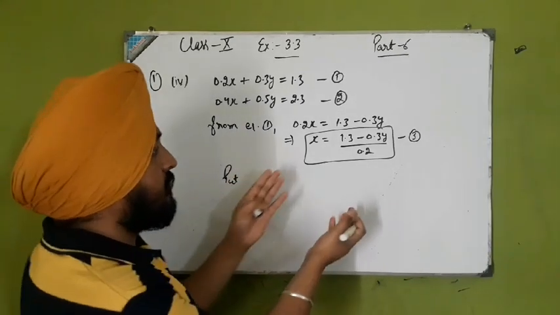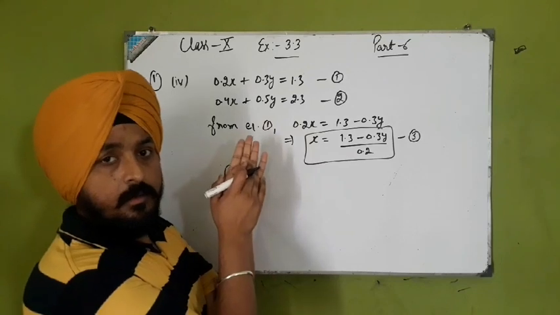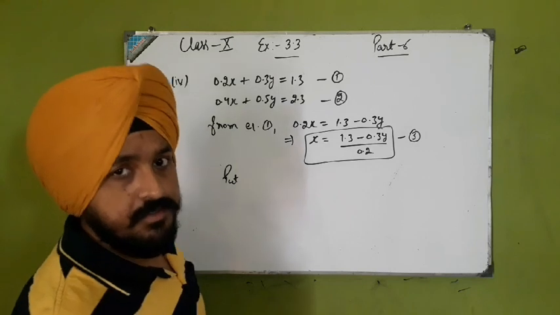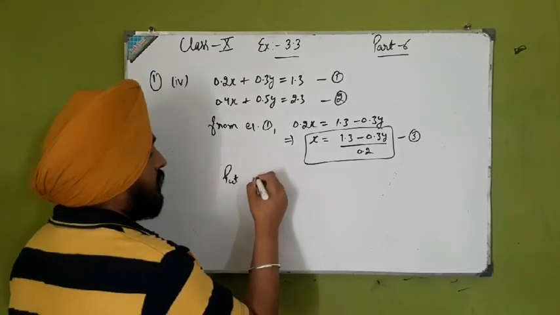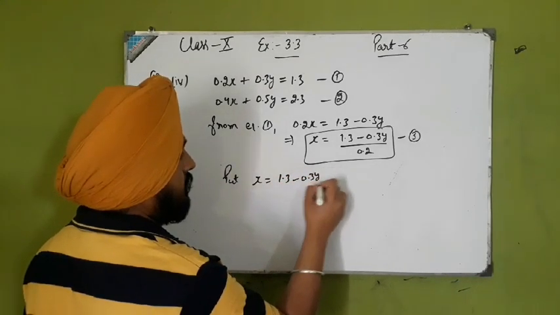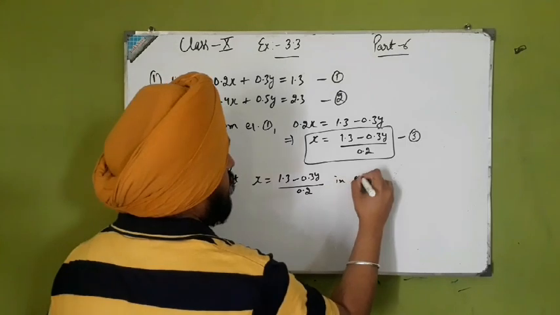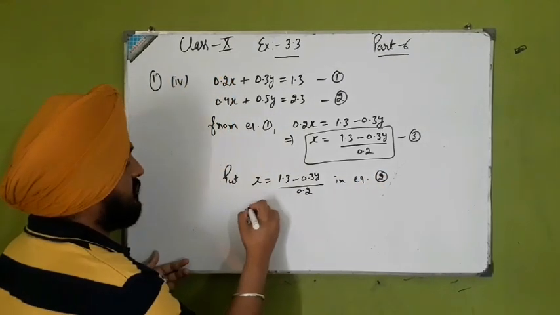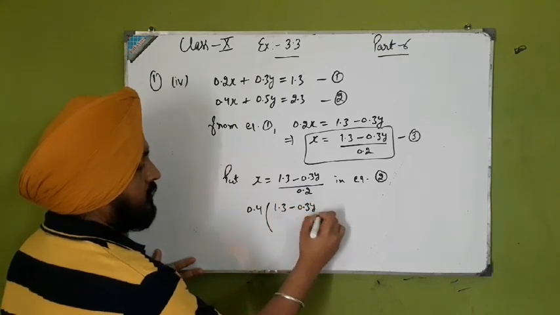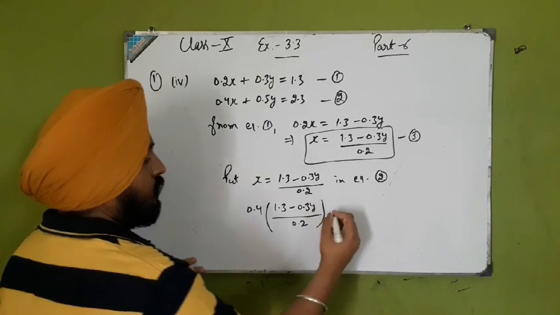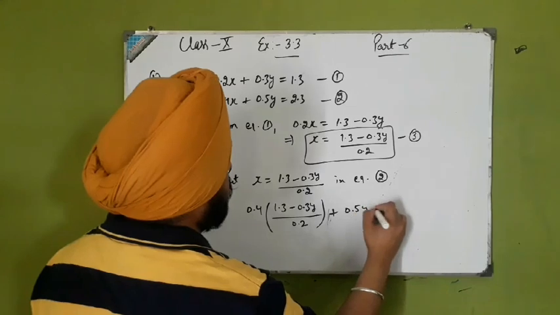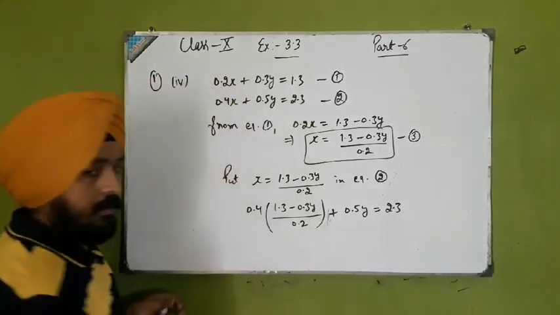We are substituting this value of x in the other equation to get the value of the other variable. That's why this method is called the substitution method. By putting x equals 1.3 minus 0.3y over 0.2 in equation 2: 0.4 into 1.3 minus 0.3y over 0.2, plus 0.5y is equal to 2.3.